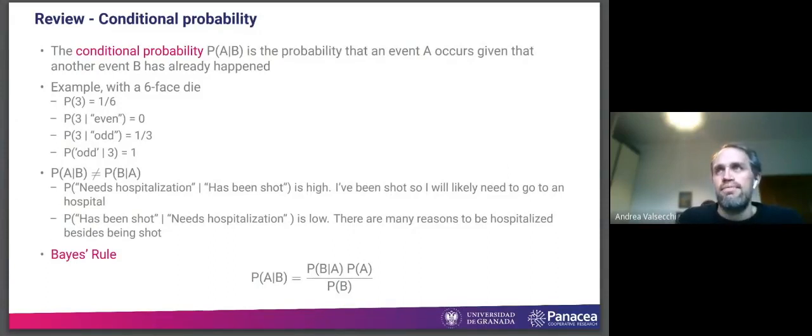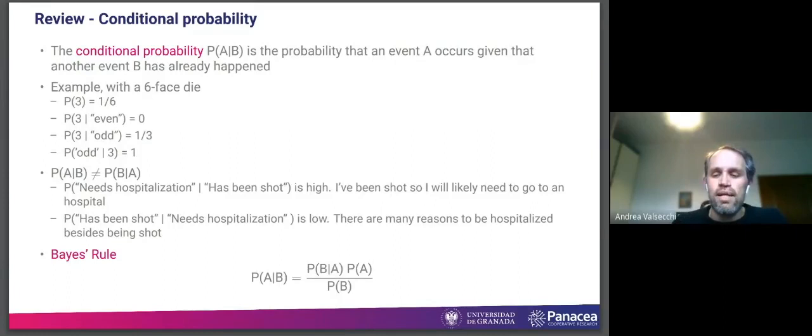On the other hand, if I know that the result is odd, the probability that my result is 3 is 1 out of 3. And another example is that if the result is 3, the probability that the result is odd is clearly 100% because 3 is odd. So hopefully this will give you an idea.